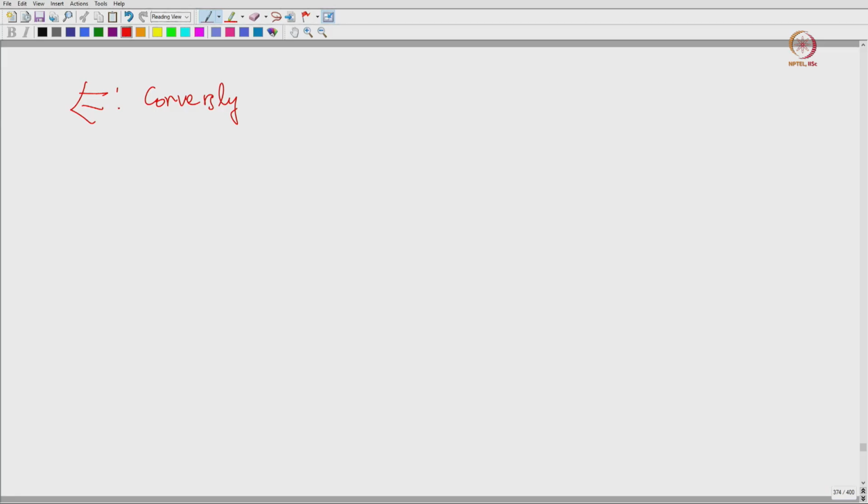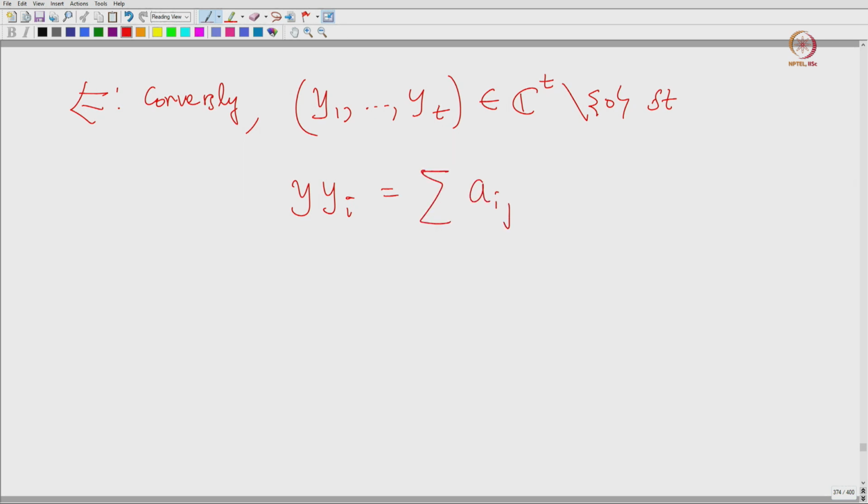That means they are not all 0, so they form a non-zero vector in C^t such that y y_i is nothing but the summation a_ij y_j, j ranging from 1 to t. So, this equation is true.